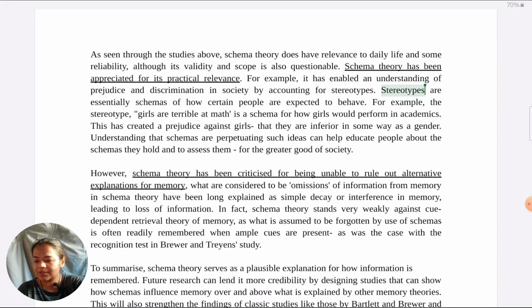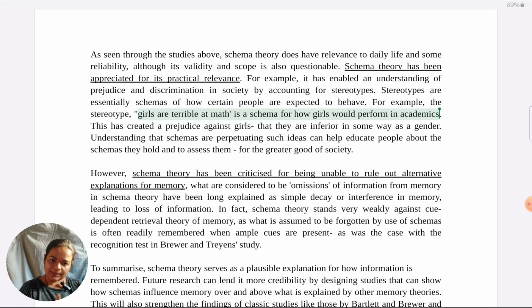So, education can be done. People can be helped to assess where they tend to stereotype others and how that could be leading to self-fulfilling prophecies. Again, this has been made very concrete with an example: stereotypes like girls do poorly in maths could be causing girls to actually underperform in academics.